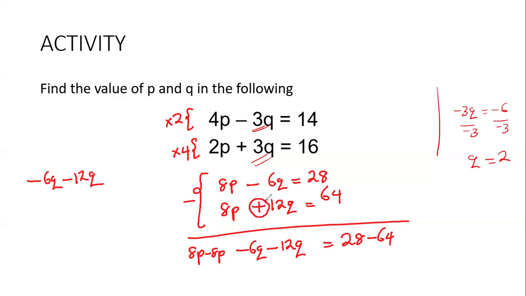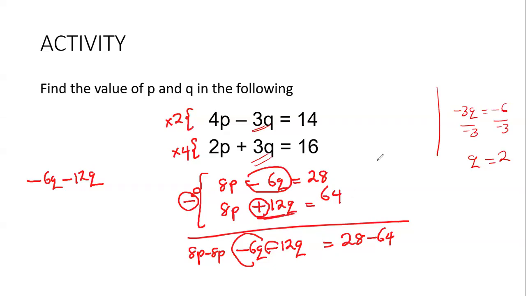How did it turn to become a negative? Oh, so that's where the problem was. Because this was initially positive, remember you carry the signs the way they are. This is negative 6Q, that's what you had here. This minus is the minus here. Then this was positive, so you carry it the way it is.